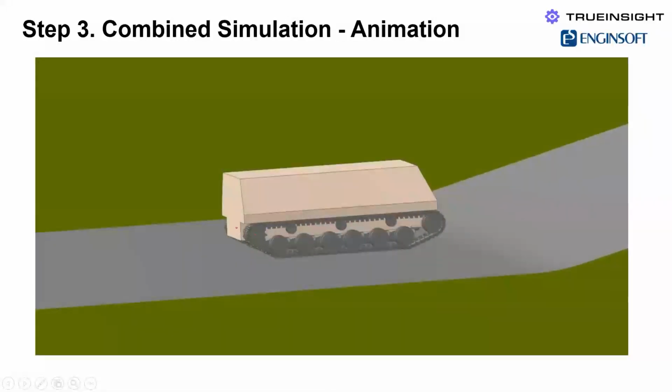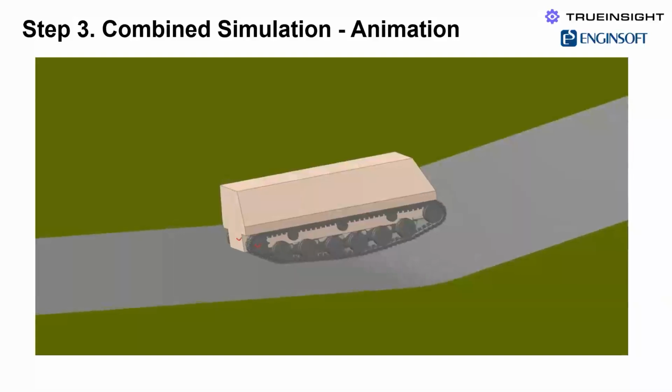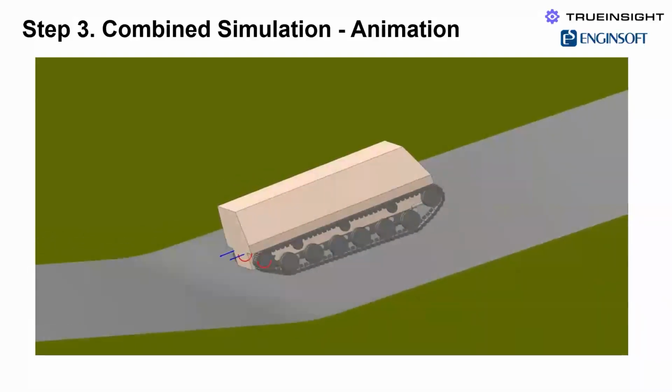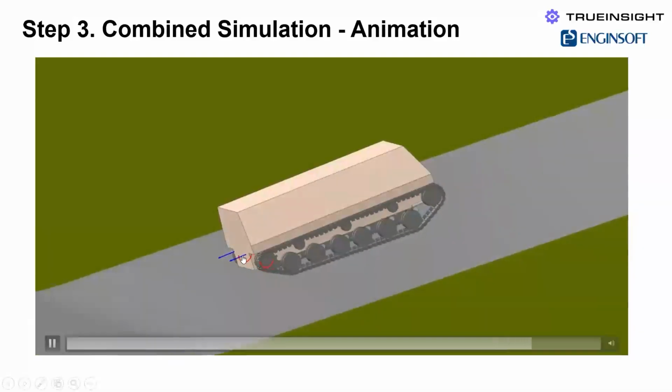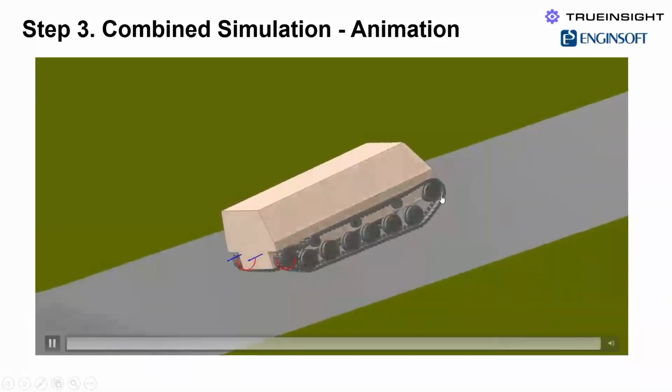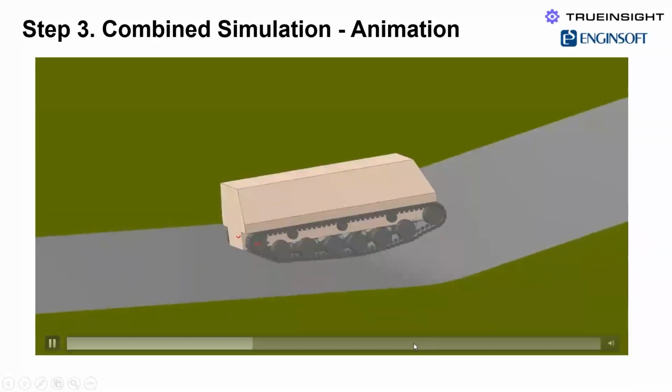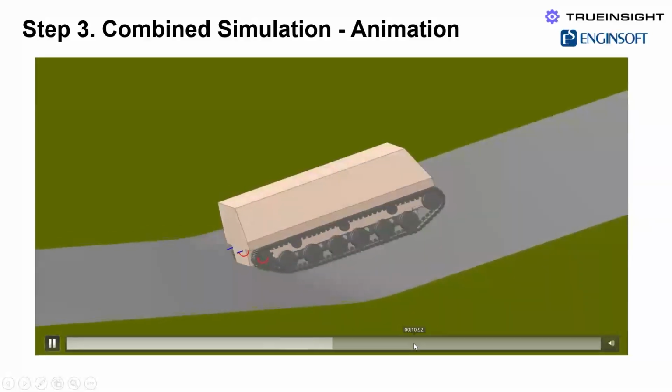So here's a simulation showing the animation. We're again using the EDEM data and now applying that with the multi-body dynamics software. And you can see we're gradually increasing the resistive force. And see now we've come to the limit of the vehicle. You can see it's starting to turn actually, but it couldn't pull up the slope any further.